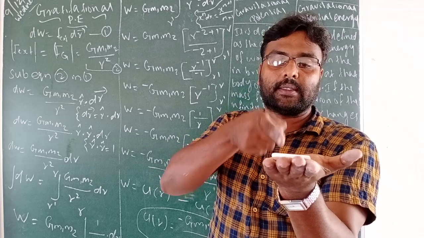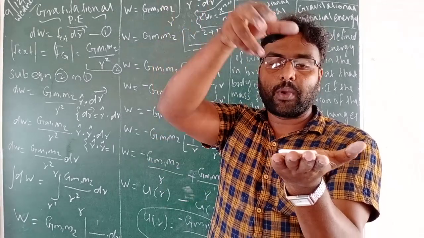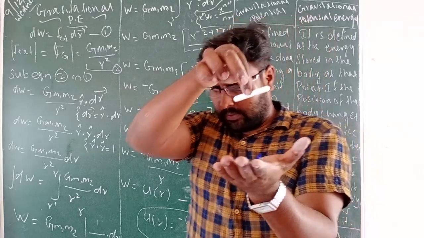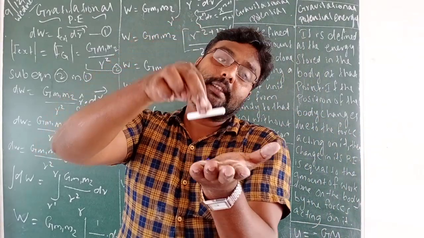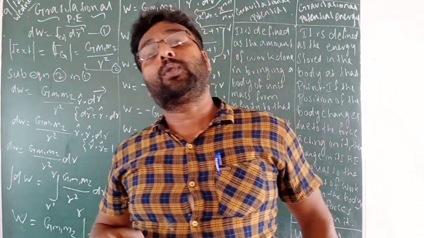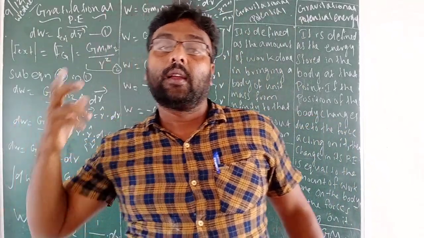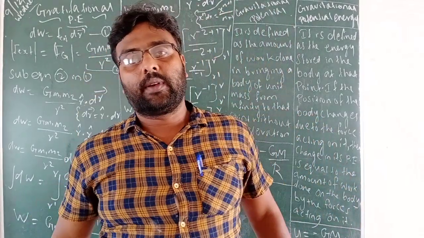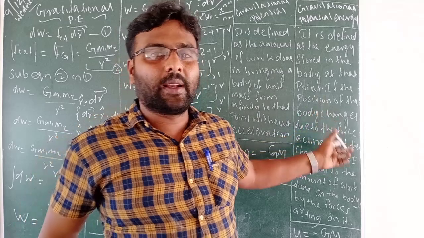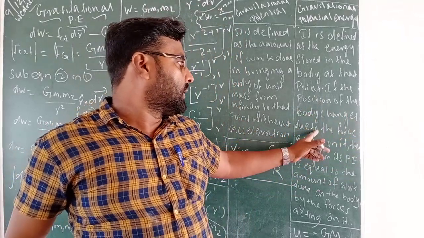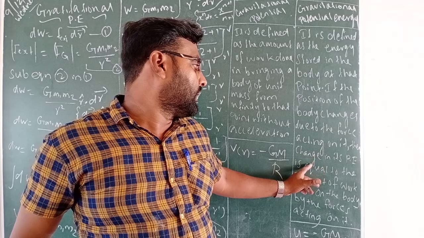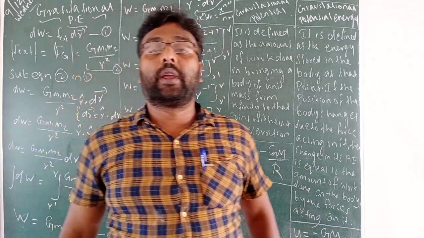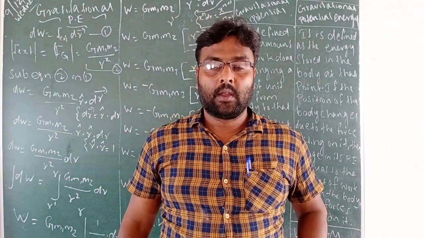Now it possesses potential energy. Now you are applying a force to change this position. While changing the position of the body, because of the force you apply, some work is done. That work done is equal to the gravitational potential energy. That is the definition. If the position of the body changes due to the force acting on it, the change in its potential energy is equal to the amount of work done on the body by the forces acting on it.